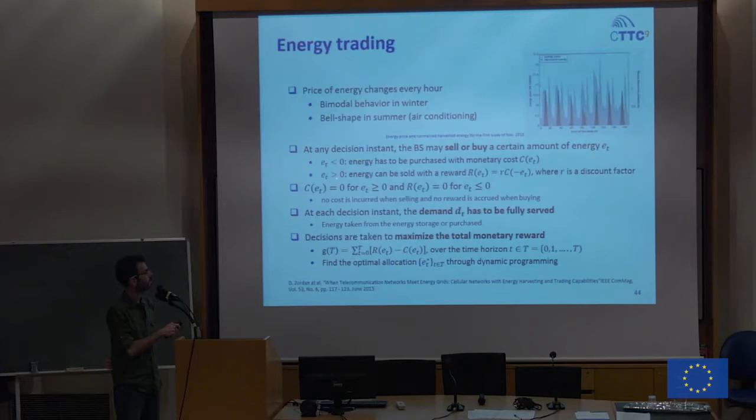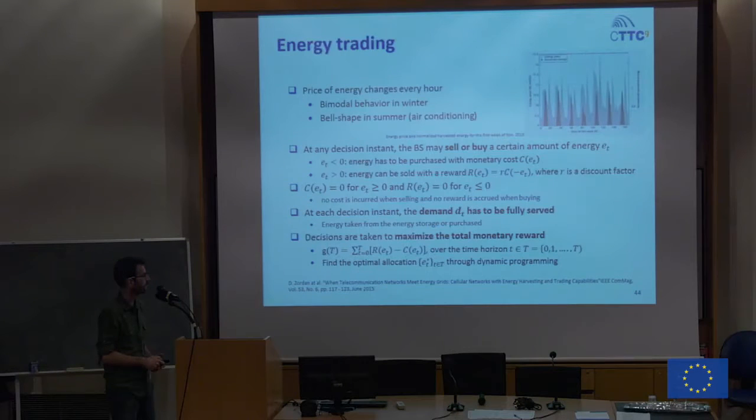If the energy is positive, I have a reward, which is proportional to the cost but discounted, because normally when you sell the energy, the provider is not buying it at the same cost at which it is selling. So you have a discount factor R here. And at each decision instant, I want to satisfy the full traffic demand.